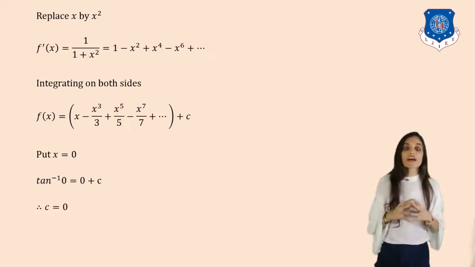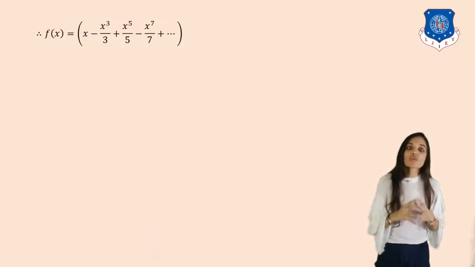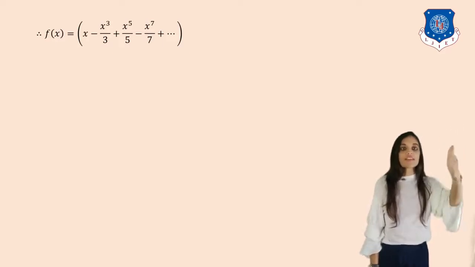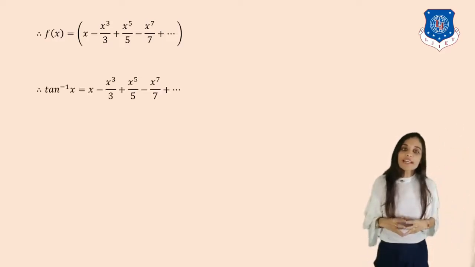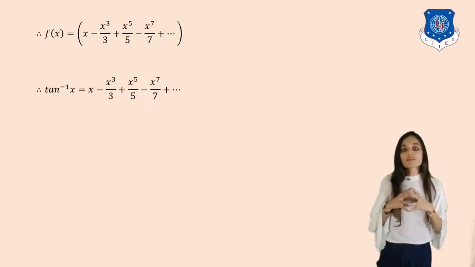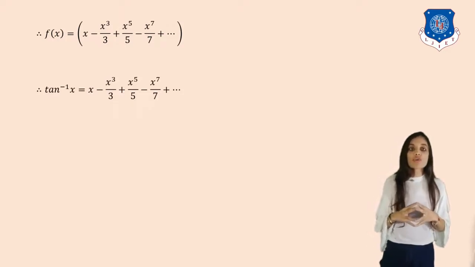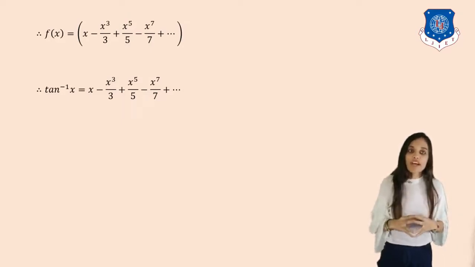So finally our f of x will be equal to x minus x cube by 3 plus x raised to 5 by 5 minus x raised to 7 by 7 and so on. So finally we have found the Maclaurin series expansion of tan inverse x, that is x minus x cube by 3 plus x raised to 5 by 5 minus x raised to 7 by 7 and so on.